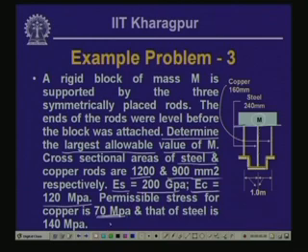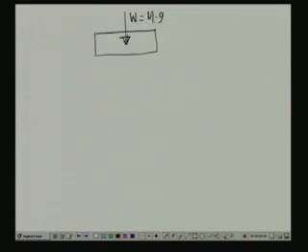Now, first let us write down the equilibrium equation. This is the block whose mass is m. So, the load that it transmits on those 3 bars is equal to its weight, which is m times g. Now, we have the 3 bars placed, the central one is the steel one and 2 copper rods.